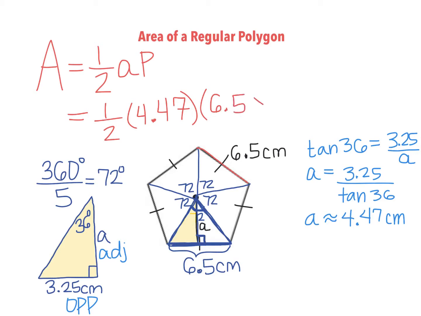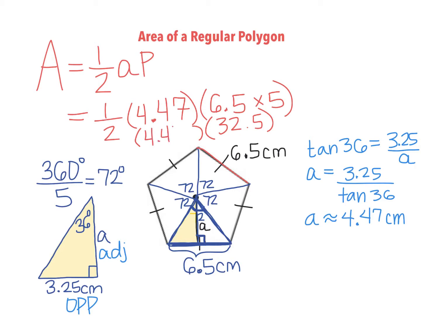And I know it's a pentagon, so I'm going to multiply that by 5. And that would give me my perimeter. So 6.5 times 5 is 32.5.